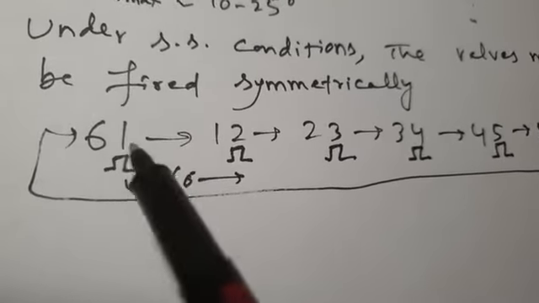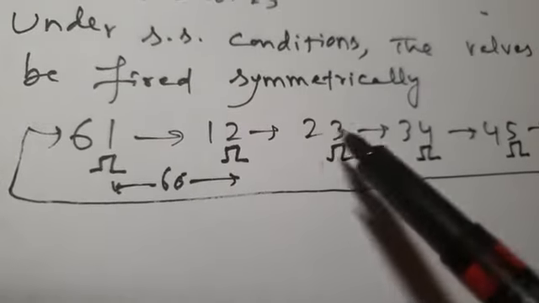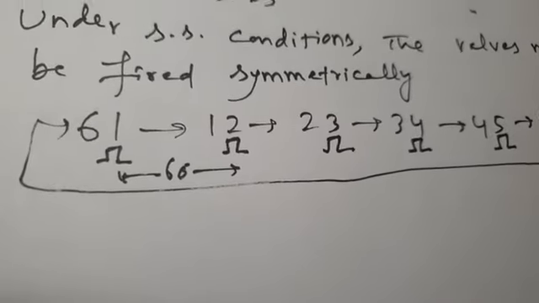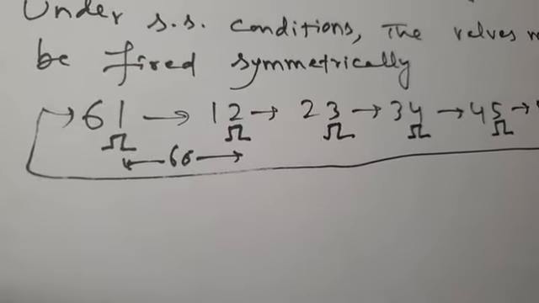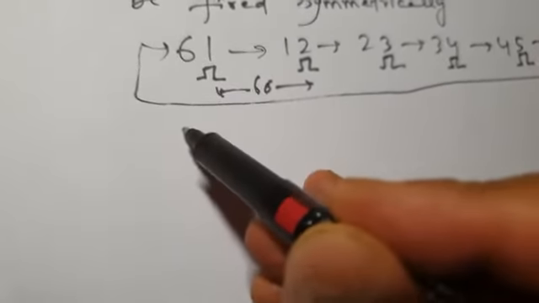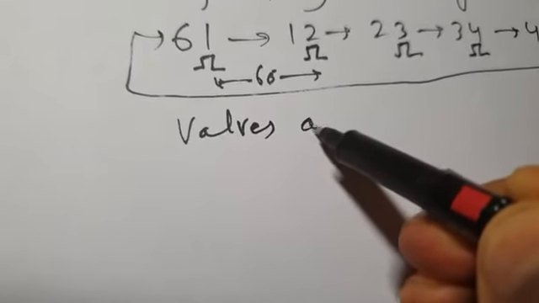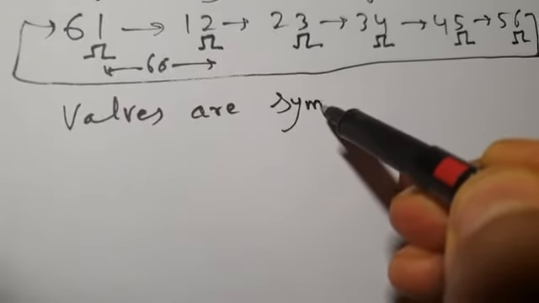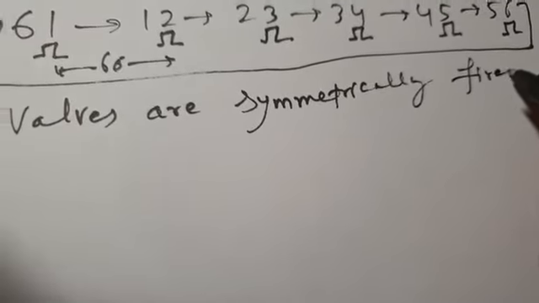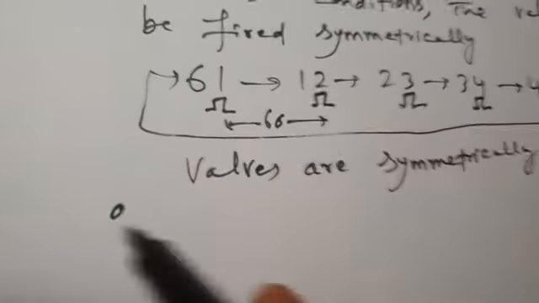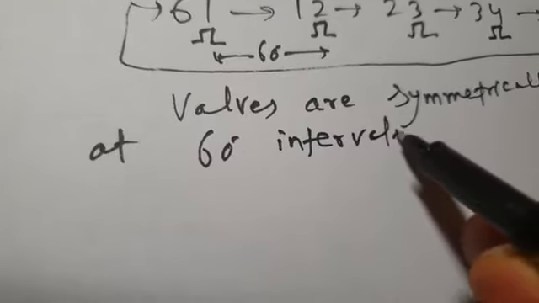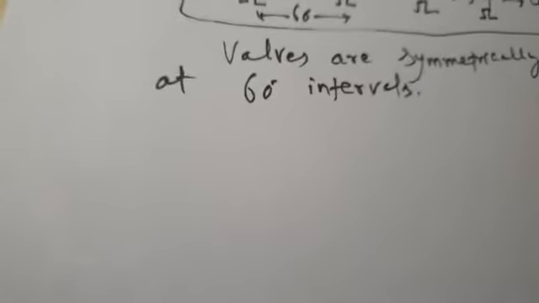Okay, this is the firing sequence. That means the valves are fired symmetrically at 60 degree intervals. So I will write here, valves are symmetrically fired at 60 degree intervals.